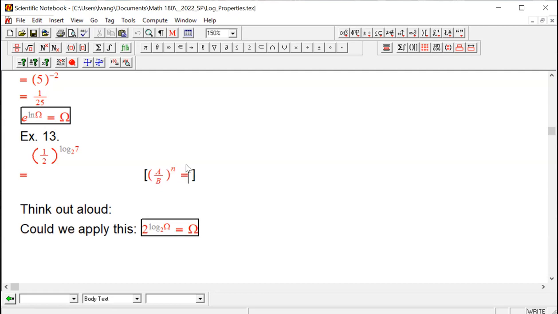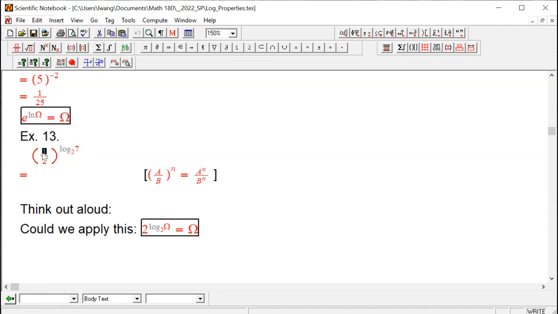What does that equal to? It equals capital A raised to the power of n and capital B raised to the power of n, right? And what is our n? Our n is this piece.